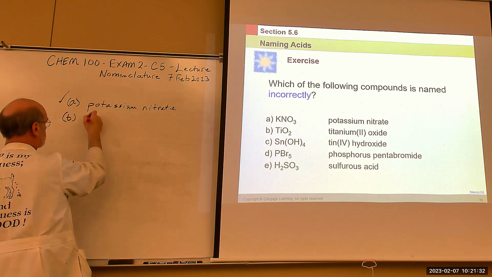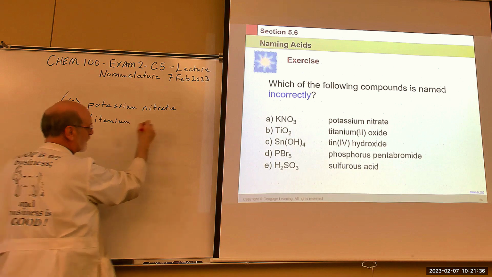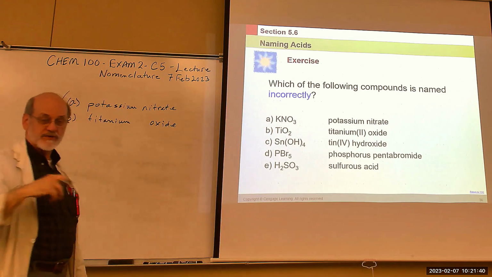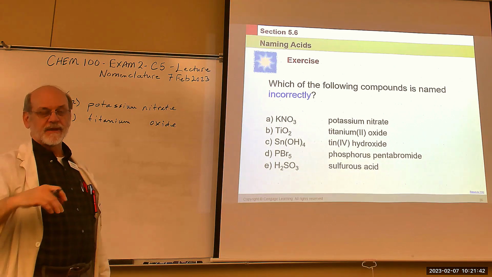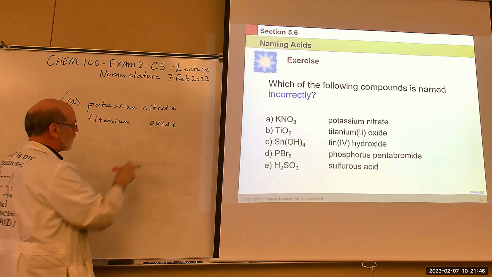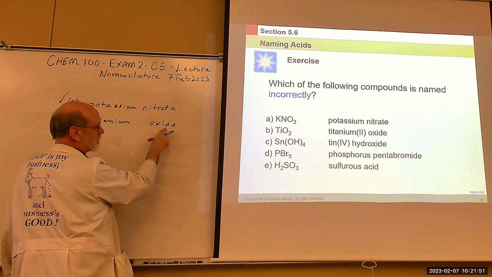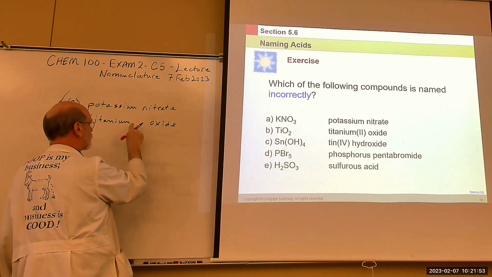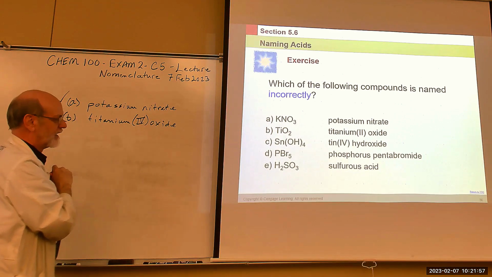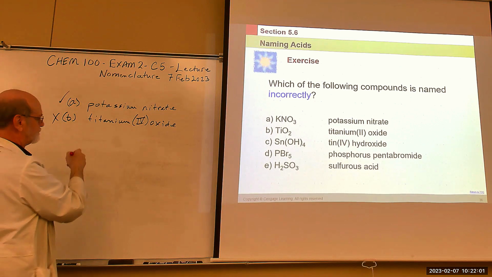TiO2. Titanium. And then we have oxide. Titanium is a transition metal. And it's one of those with variable charge. So if it's got two oxygens, that means we have to balance a -4 with a +4. Right? That one's wrong. Theirs is wrong, mine's right.